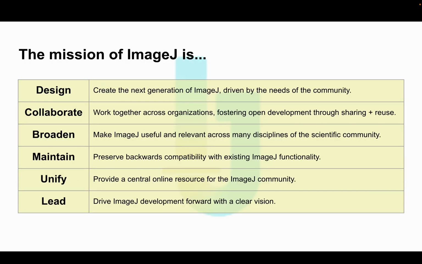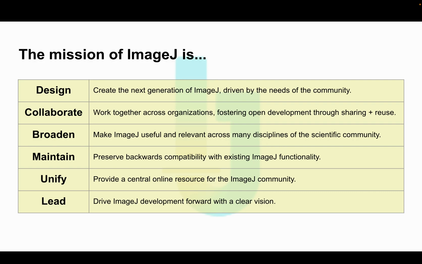I just want to finish with the mission of ImageJ. We're all about creating the next generation of ImageJ, and that's driven by the needs of the community. We're all about collaboration, and we want to work together across organizations, fostering open development through sharing and reuse of code. We also want to make ImageJ useful and relevant across many disciplines of the scientific community, not only life scientists.